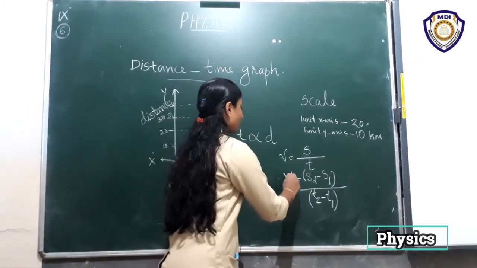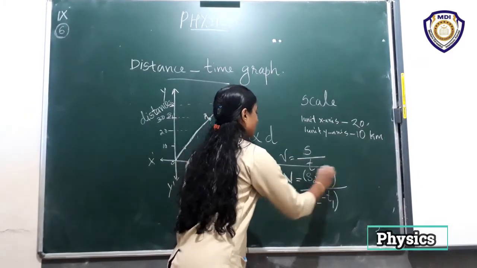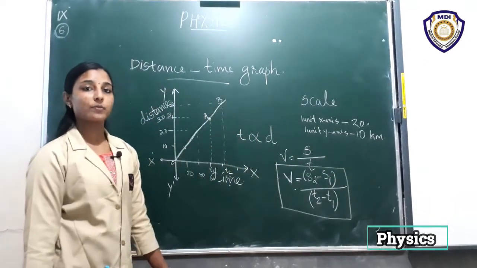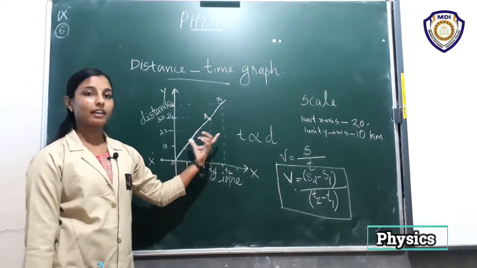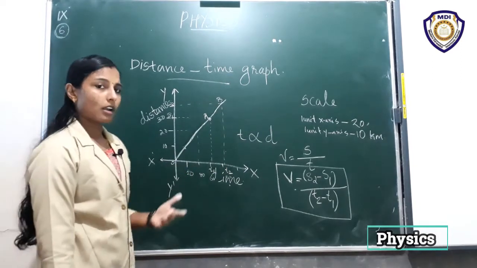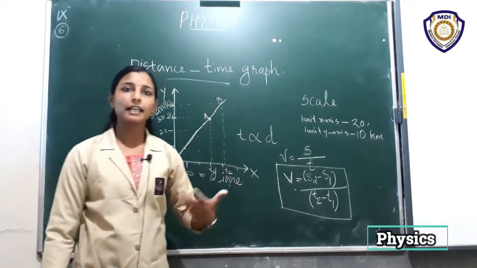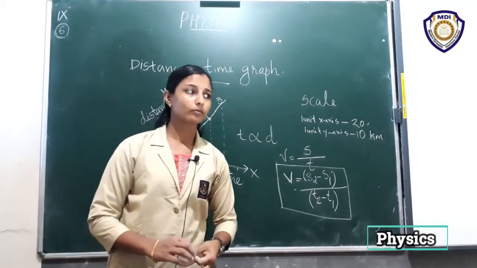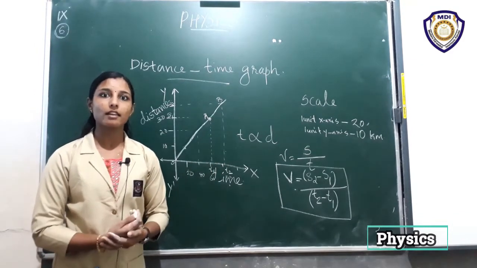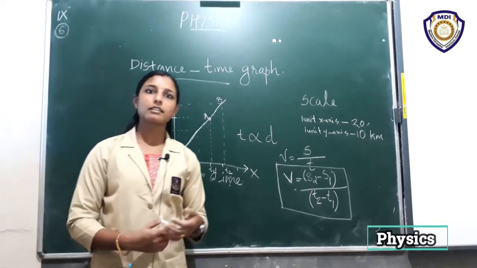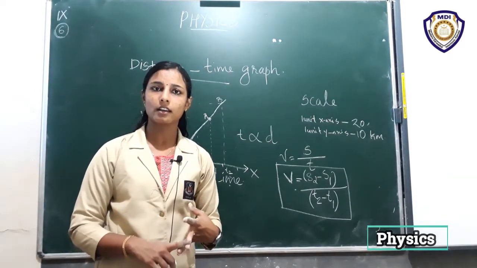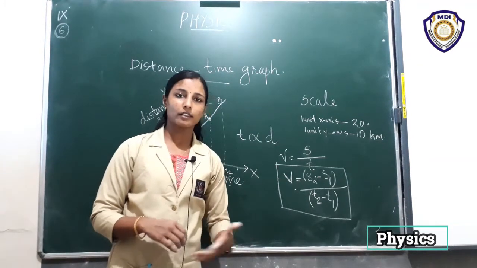So simply we can get the speed of an object from the graph by knowing the slope of this graph. I don't know how many of you already learned the slope of a line in your maths class, right? Have you learned trigonometric terms like sin theta, cos theta, tan theta? Maybe you know those things, right?